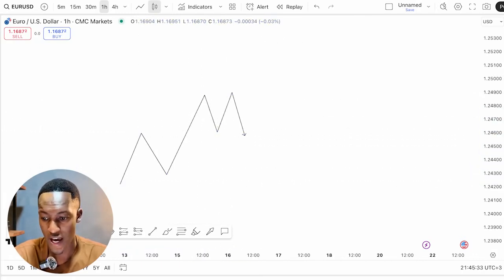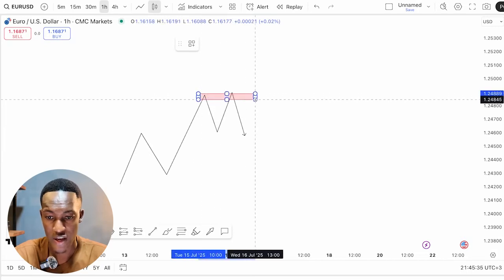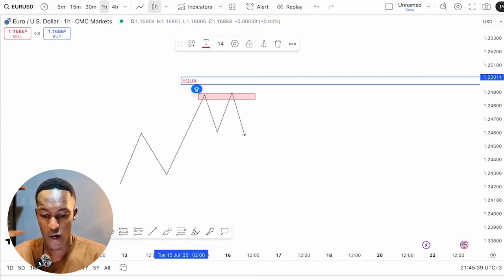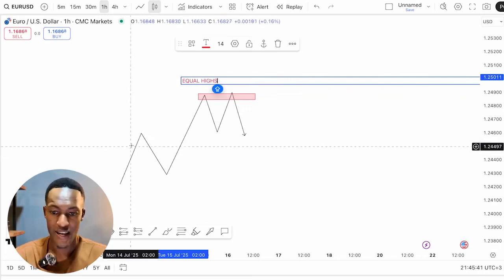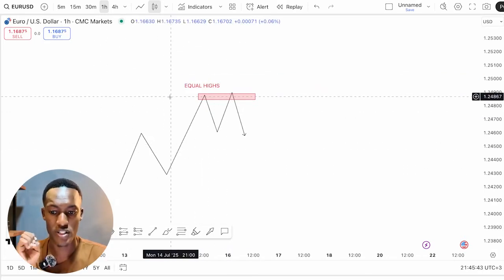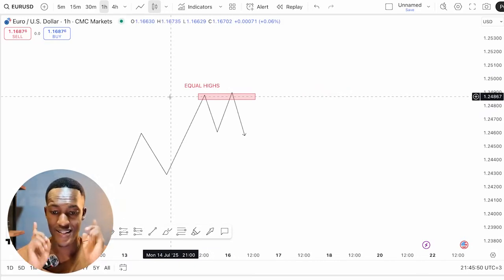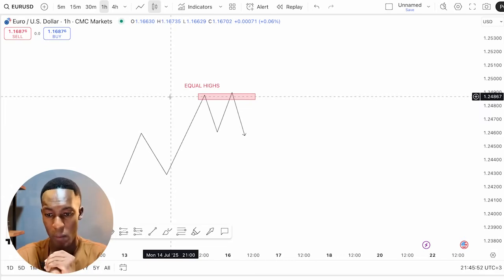And then out of the blue, we have these equal highs, okay? Now, please mark this. So say we have equal highs, all right? This is also a very, very important thing when you are confirming liquidity zones. If you have equal lows or equal highs, that's something very, very important and you need to mark it out.